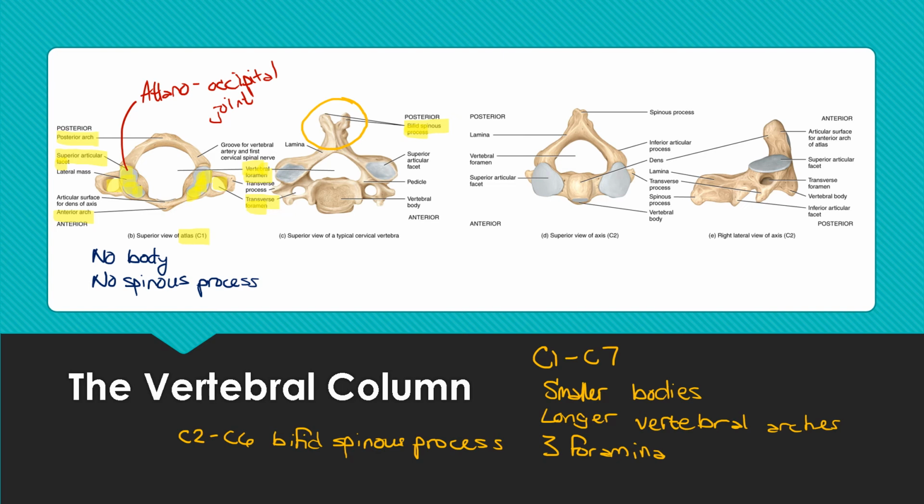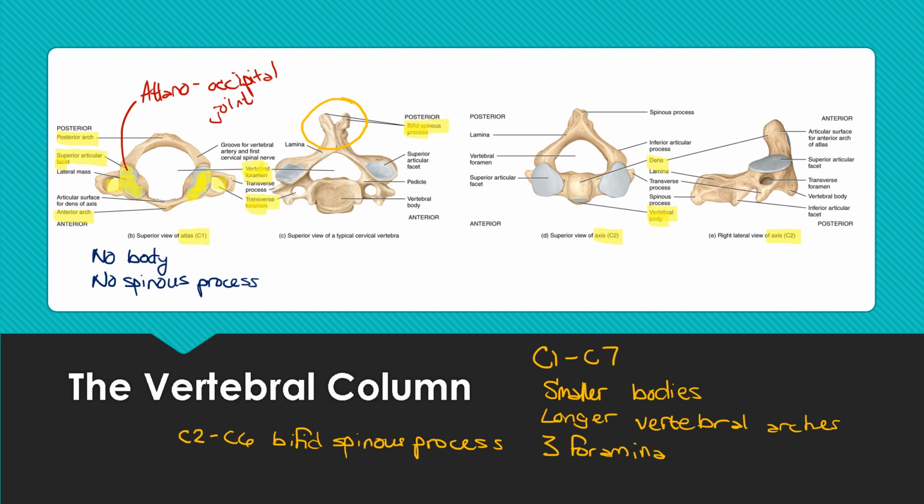Then we have the second cervical vertebra, C2. This is going to be these two pictures on the right. Now this one is called the axis, A-X-I-S. It does have a vertebral body, and it also has this peg-like process called the dens.